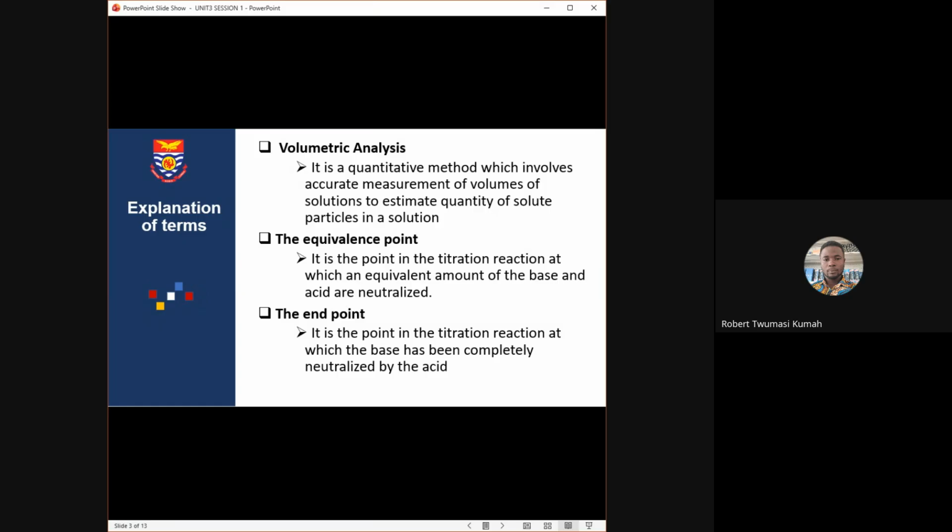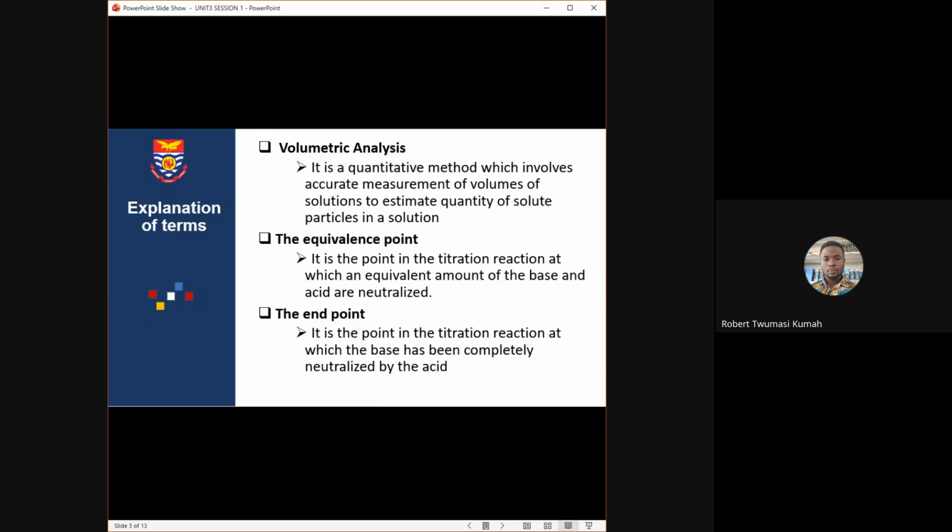So the endpoint, the point at which we stop our titration and we take our reading, is such that we are either slightly past the equivalence point or we've not gotten there. And so we have the negative endpoint, negative to the equivalence point, and then we have the positive endpoint.